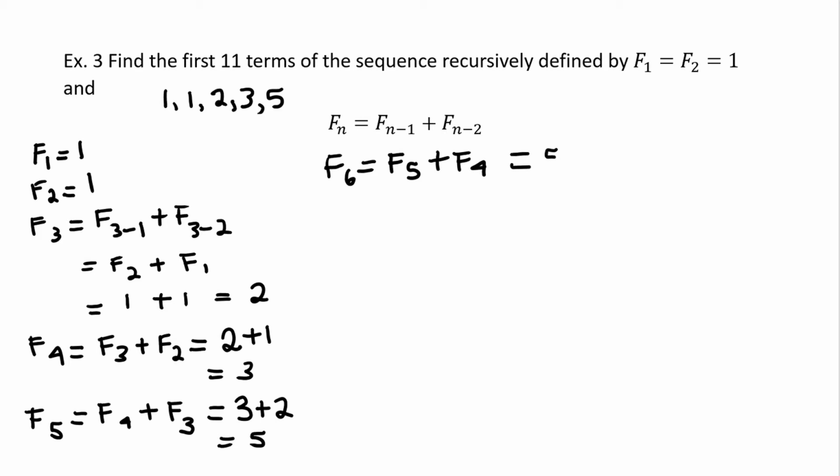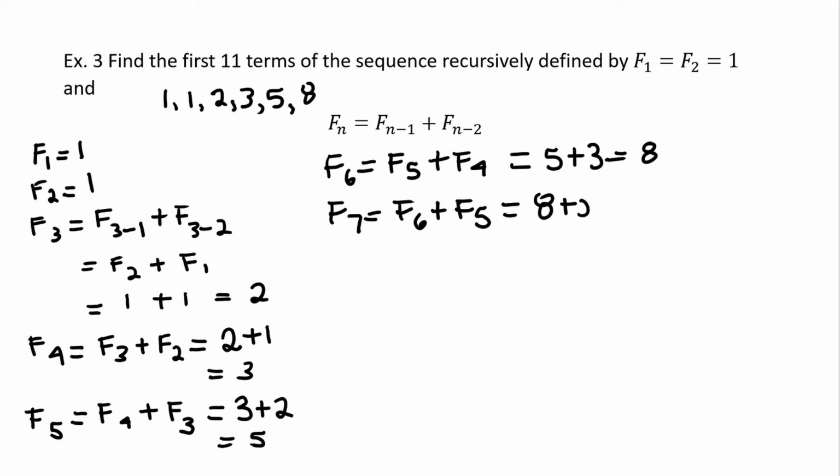The fifth term was 5, the fourth term was 3, we got 8. The seventh term is the sixth term plus the fifth term. The sixth term was 8, fifth term was 5, so 8 plus 5 is 13.